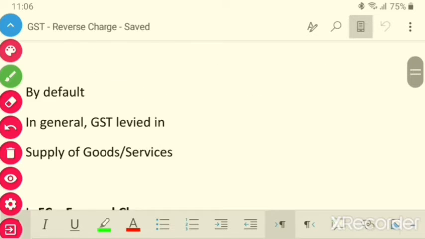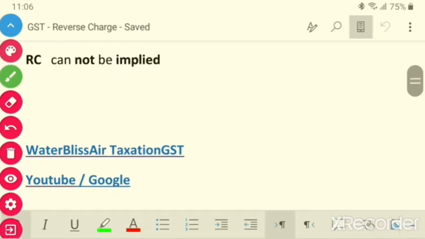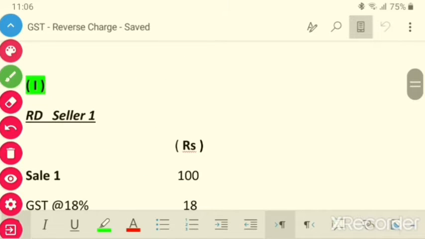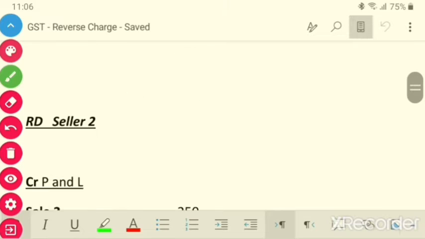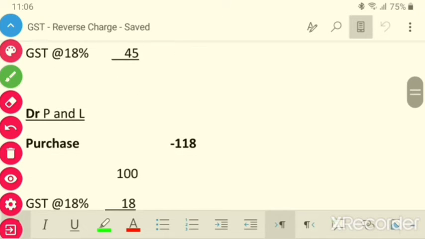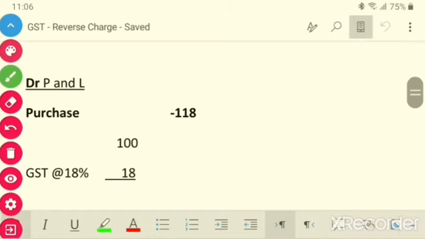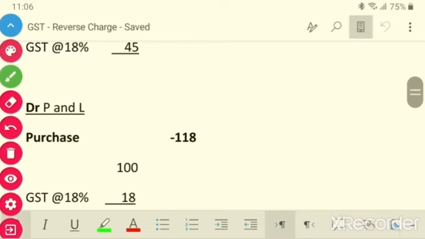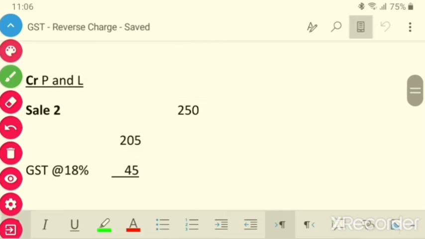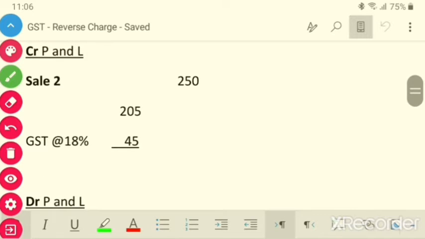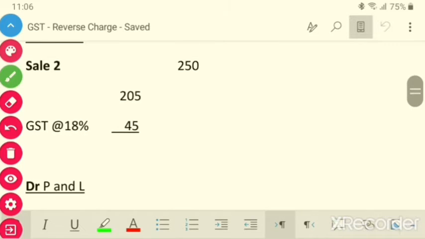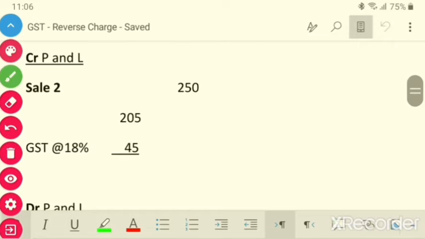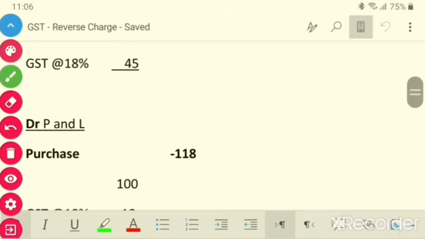This is case 1. Now we are looking into expenses, that is purchases. So revenues are 250 rupees, that we have seen.